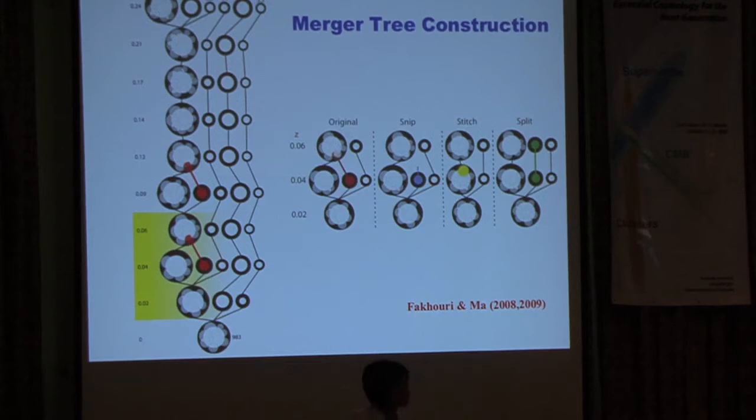So before I present the results, I want to just mention one complication that comes into building this tree. Okay? And this is not unique to the Millennium simulation. It happens in any tree anybody wants to construct. But what is special about the Millennium is that the halo catalogs we get are based on subhalos.